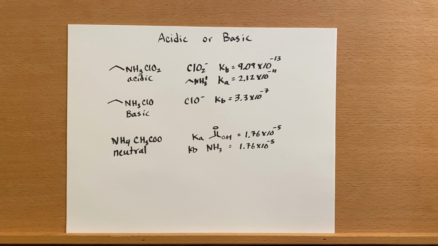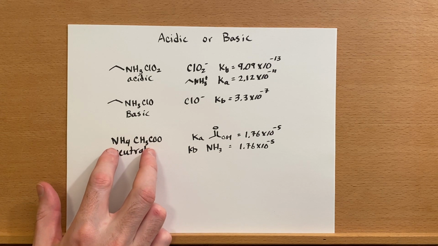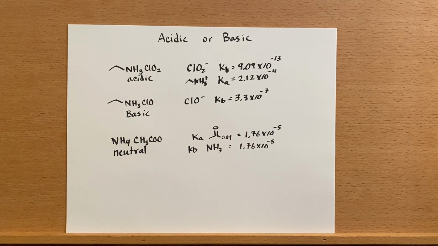But because they're both weak acids and weak bases, their conjugates both have acid-base properties, and since they have the same Ka's and Kb's, they will end up making a neutral solution, or pH 7.